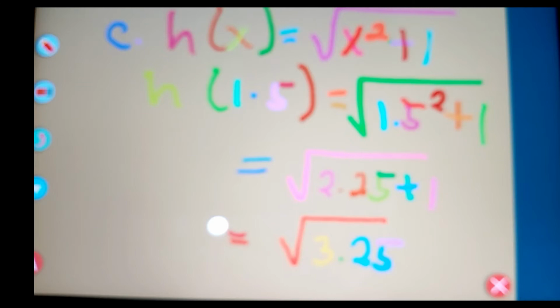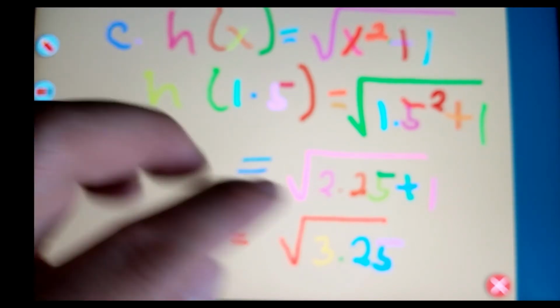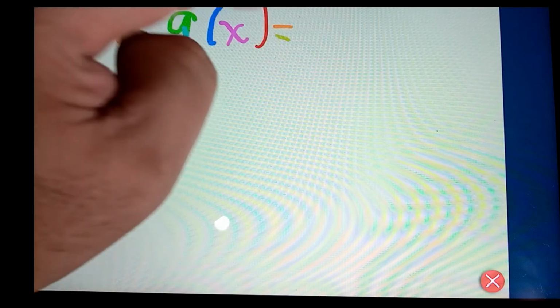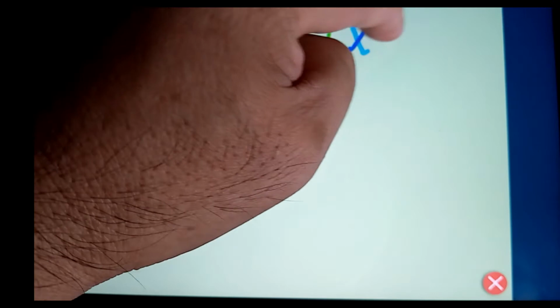Next, letter D. Same domain, x is 1.5. We have Q of x equals square root of x minus 1.